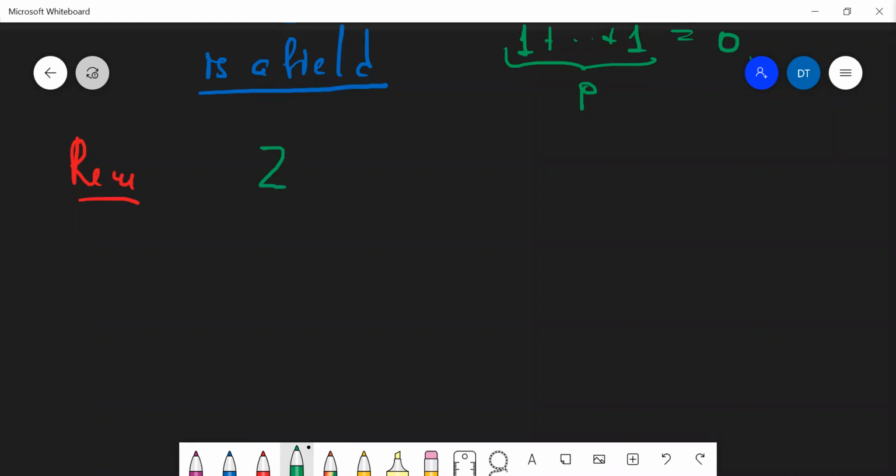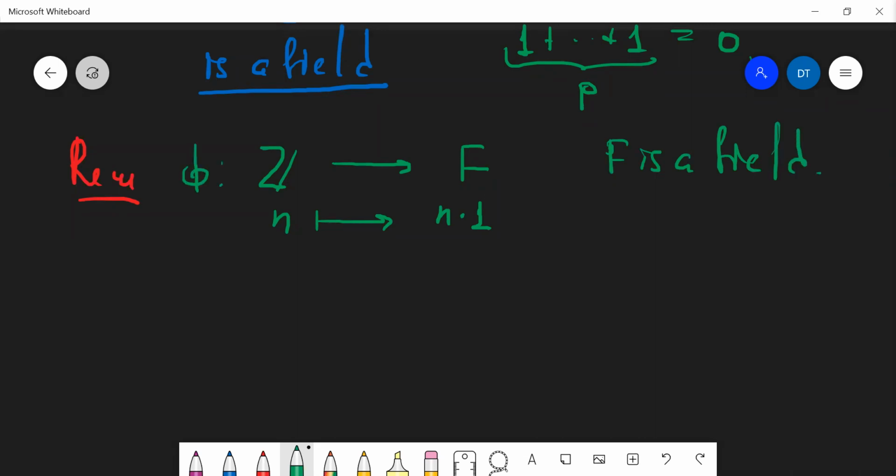If we consider the ring of integers and an arbitrary field F, there is only one homomorphism from Z to F, which takes each integer n to the element n times 1, where 1 is the neutral element of F. This is the only possible homomorphism from Z to F, and this is our homomorphism phi.